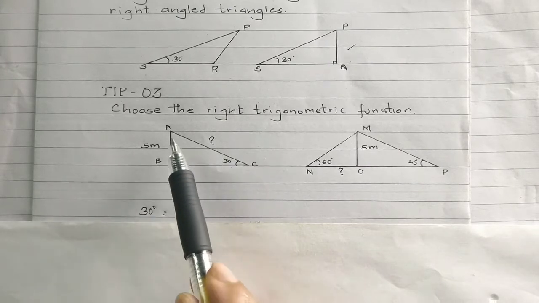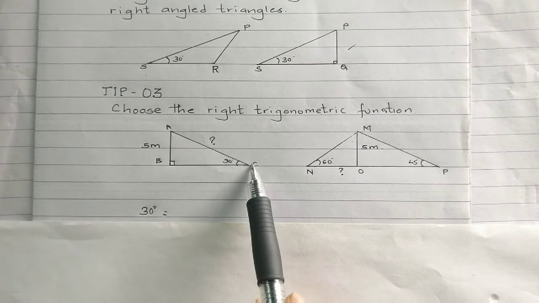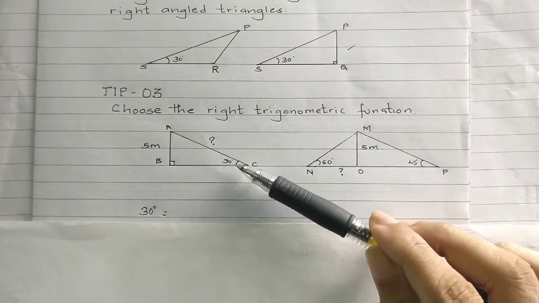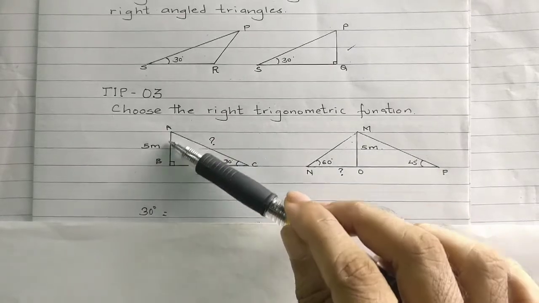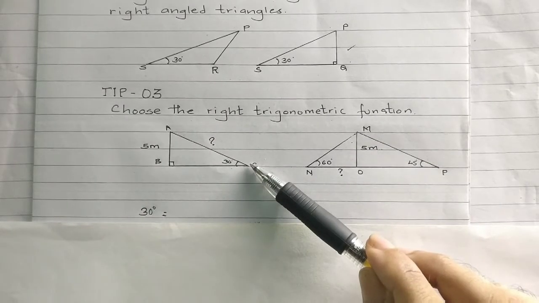Now in this case AB is given to me and AC is something that I need to find out. I am looking from angle 30. So from here when I look, this becomes my opposite and AC becomes hypotenuse.